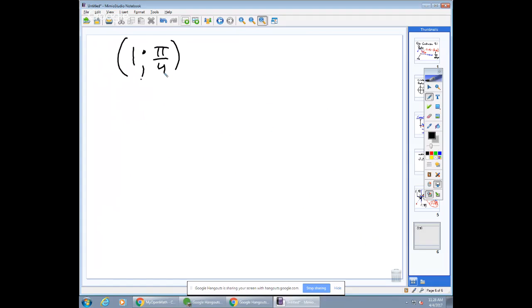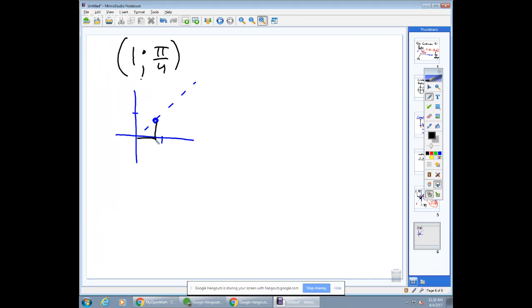Usually pictures are my best friend, so I would make a quick sketch. pi/4 is right through here, and then 1 unit out. So that's my point right there. And I want to identify its x value and its y value.